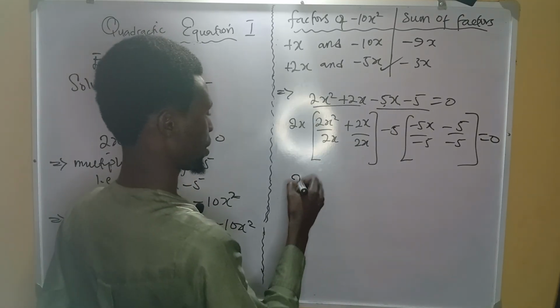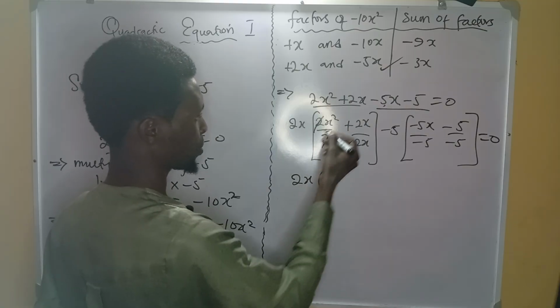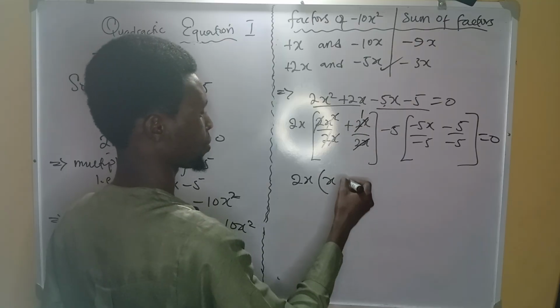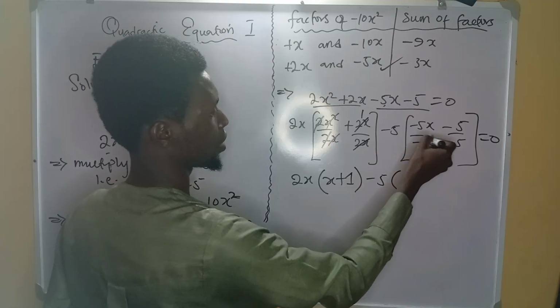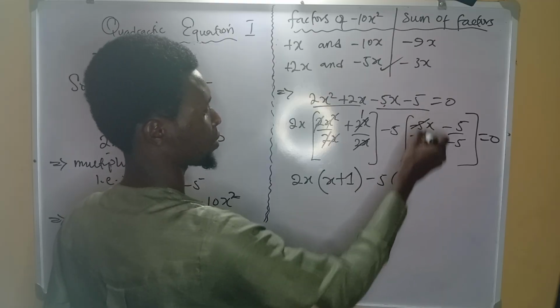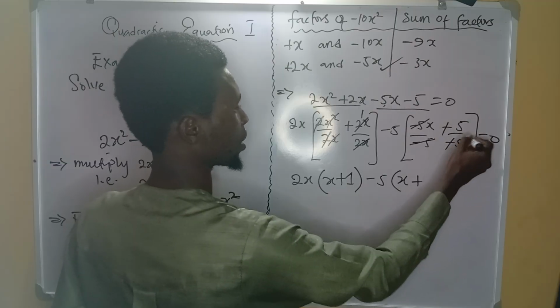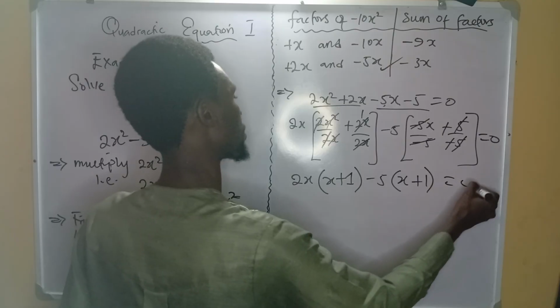So what you're going to have here is this: the 2x cancels, leaving x, then 2x over 2x cancels, leaving 1, and minus 5 cancels minus 5, leaving x. Then minus cancel minus is plus, and this cancels, you have 1, equals 0.